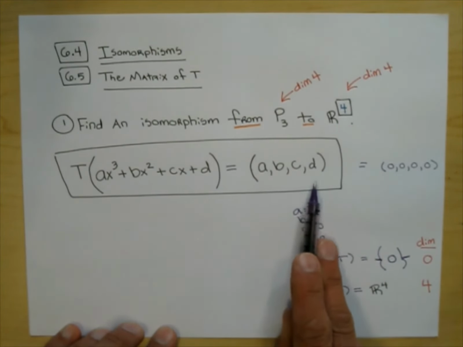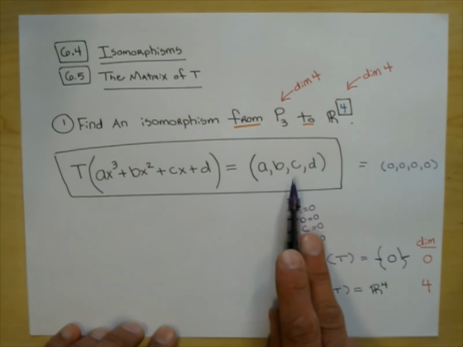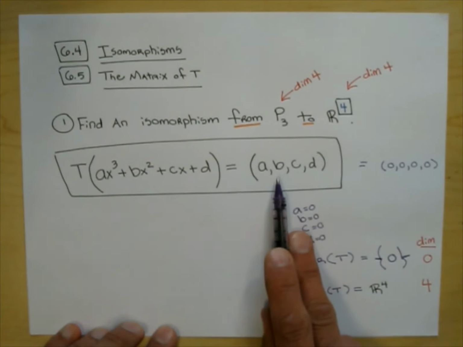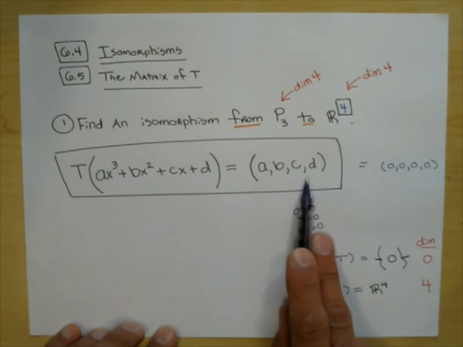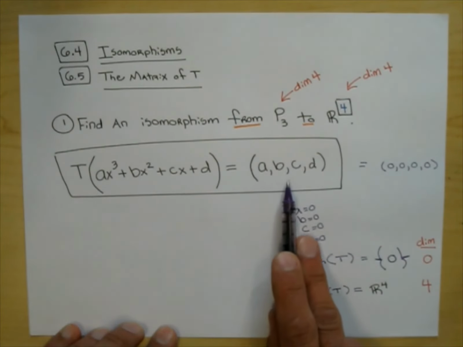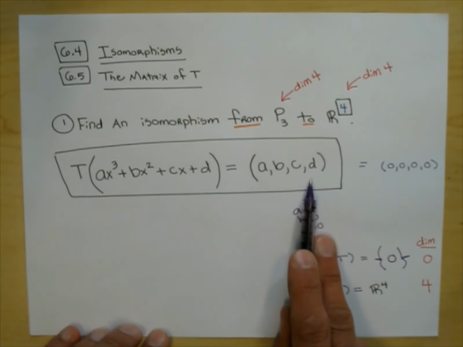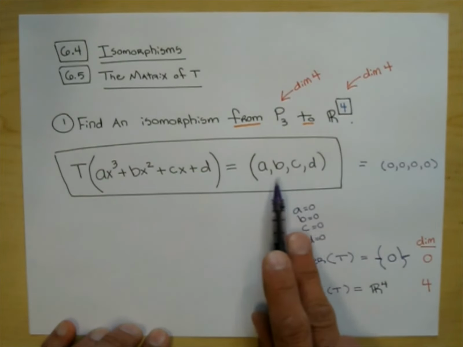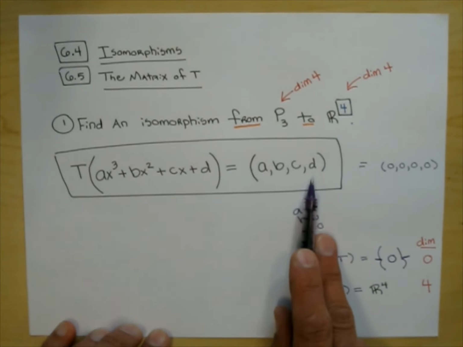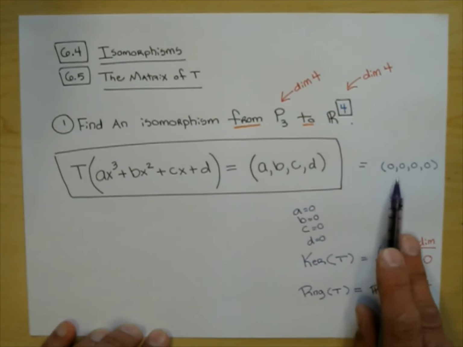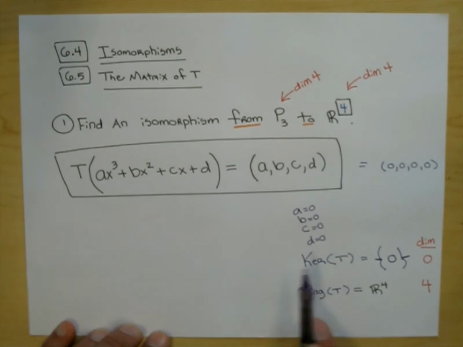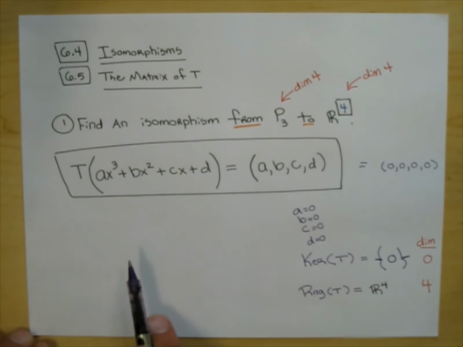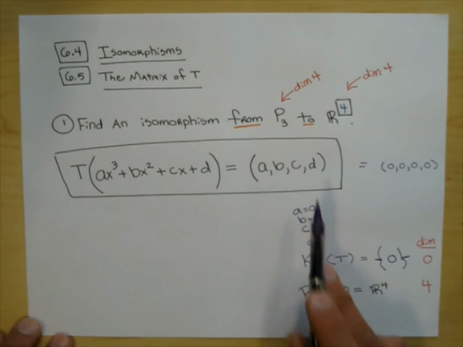The problem with going willy-nilly and just picking some random things for those 4 coordinates is then you might end up picking something that is not one-to-one. And so if you made all 4 of those coordinates really complicated, and you had to check to see what the kernel was, that would be a lot of work. So when you do these problems in your homework, just make it simple.